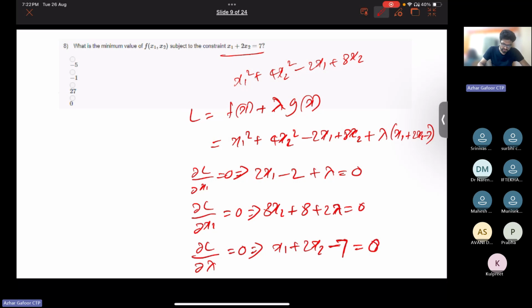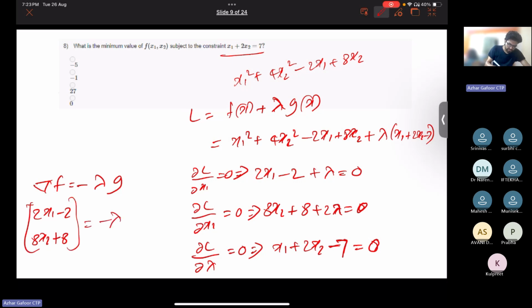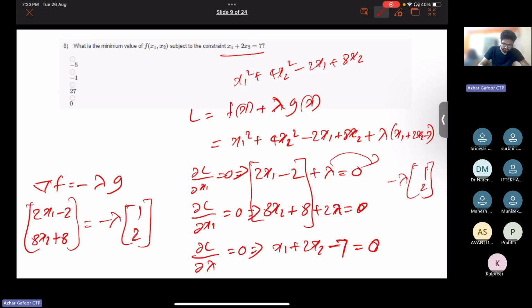If you look at these equations, if you write them in the form minus lambda times grad g, we get 2x1 minus 2, then 8x2 plus 8, equal to minus lambda into 1 and 2. If you take this to the other side, we get minus lambda into 1 and 2.